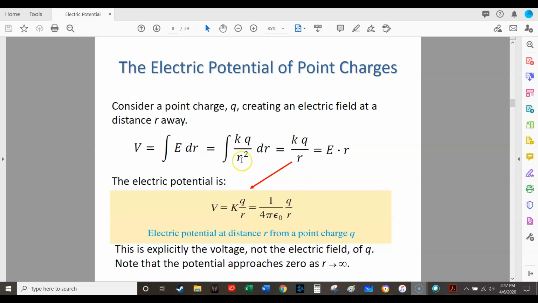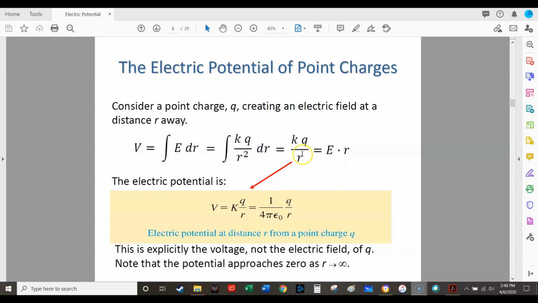We know that the electric field is kq over r squared. So basically the voltage due to a point charge is kq over r. But if we have the electric field, which is kq over r squared, if you multiply that by r, then you have the voltage. So that's how this comes about.